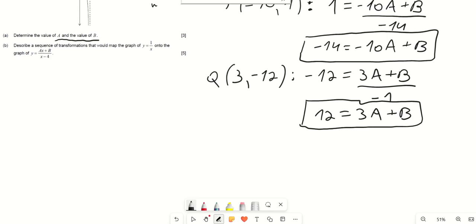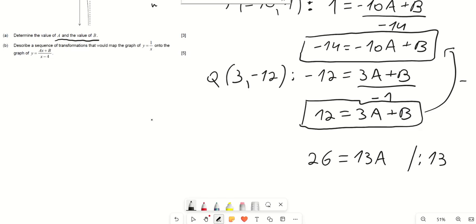I'm just going to subtract the first equation from the second equation. So I do basically the second minus the first. I get here 12 minus -14, which is 26. 3a minus -10a, which is 13a, and b minus b cancels out. So I am left with 13a equals 26.